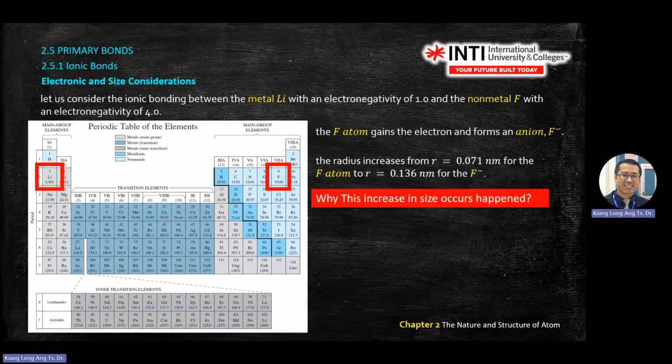You cannot catch all the bad guys. So the bad guys can run to a further area. Means the force here cannot capture all the electrons. It cannot sustain the electron. Means the pulling force is not enough to hold all the electrons. It must distribute among all the electrons here. So it becomes bigger because less control already.